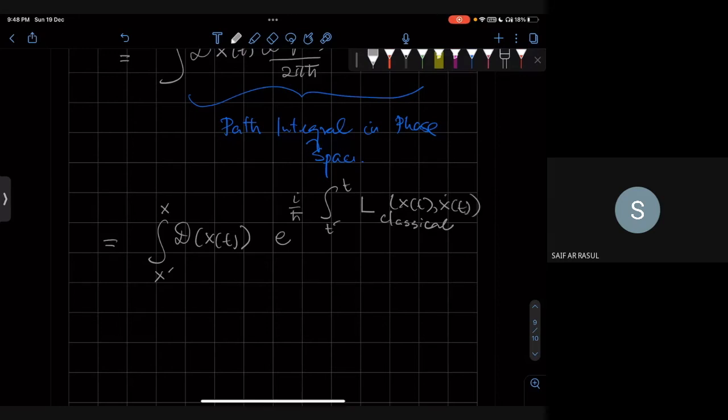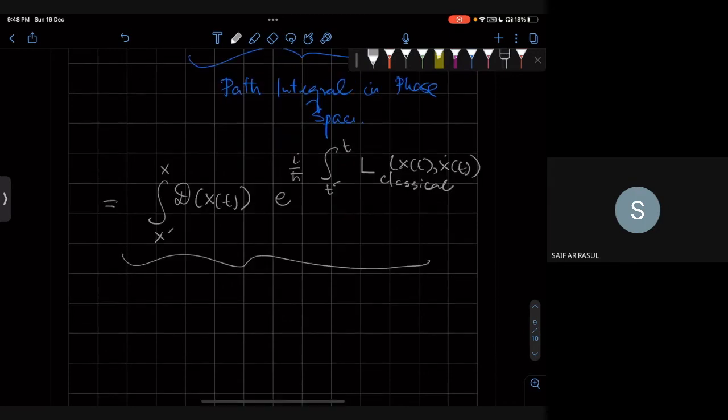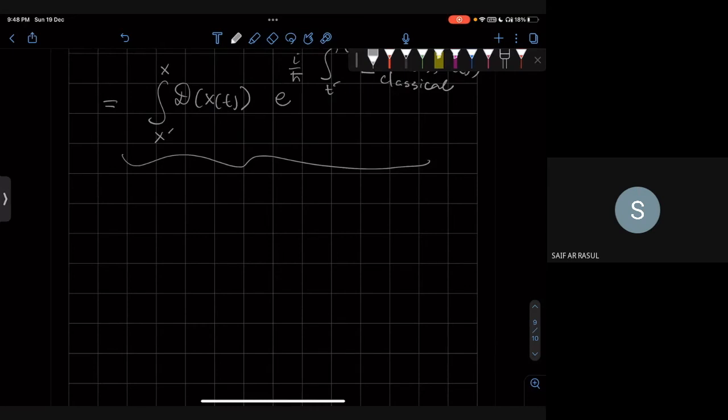And this is where Feynman started his formulation of quantum mechanics, and he derived that this gave rise to the Schrodinger equation.